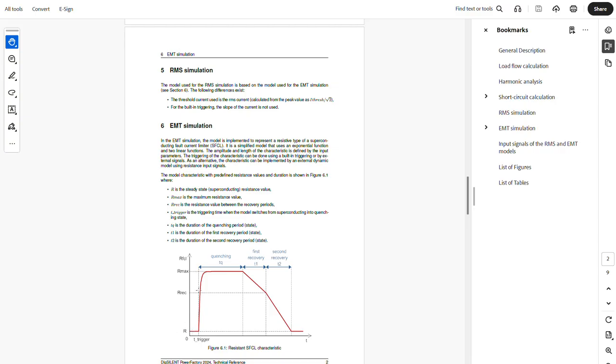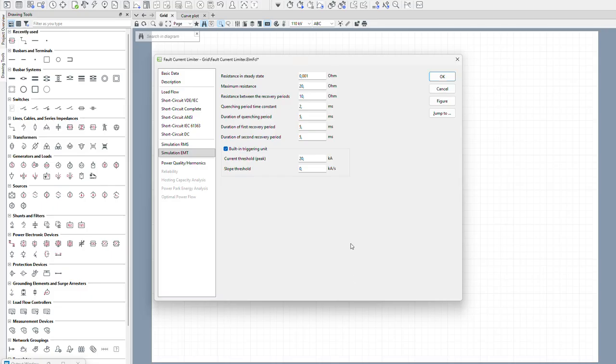Then it goes to the maximum value for the quenching period, and then we have the first recovery and then the second recovery, and then we have the steady state value again. Here the quenching period starts at 2 milliseconds, the duration of the quenching period is 5 milliseconds, the duration of the first recovery is 5, and the duration of the second recovery is 5. In total it is 17 milliseconds, so we can see it is less than one cycle. It goes to 20, then back to 10 during this period.